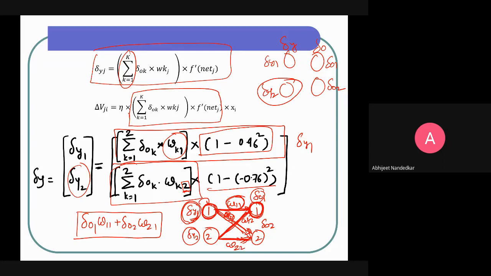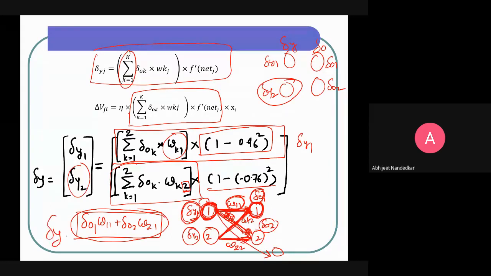In general, for any node, if I want to calculate the error signal, you look forward from this node and see how many connections you have. You may have more connections. Then you take the weight of each connection and multiply it with the error signal calculated for the next layer. The addition of all this will result in this delta y.